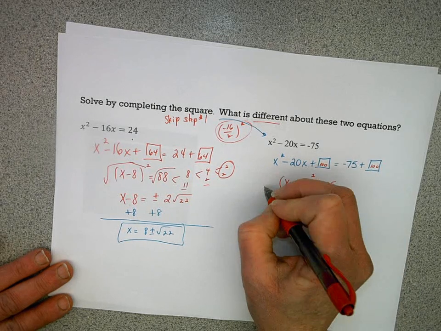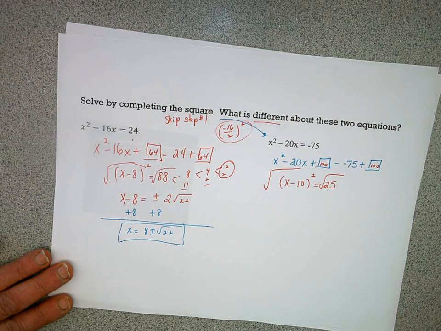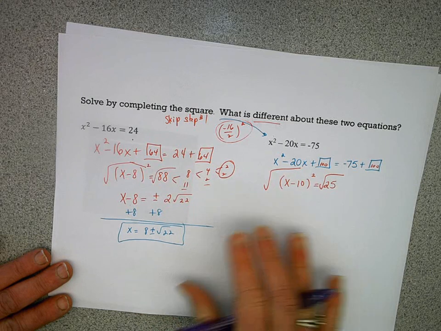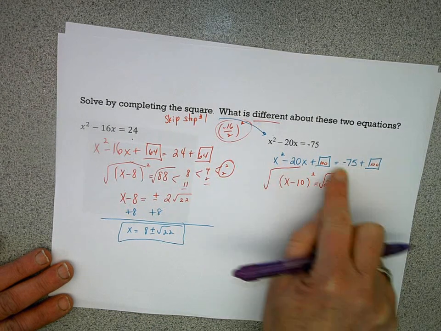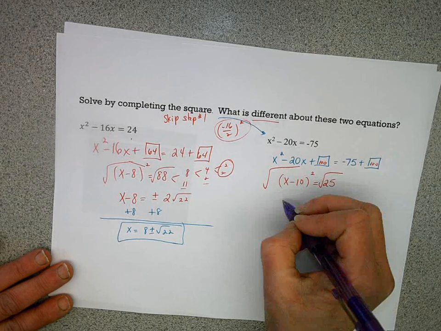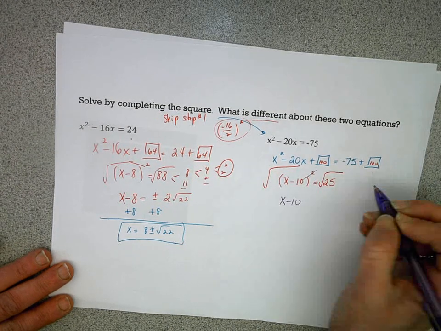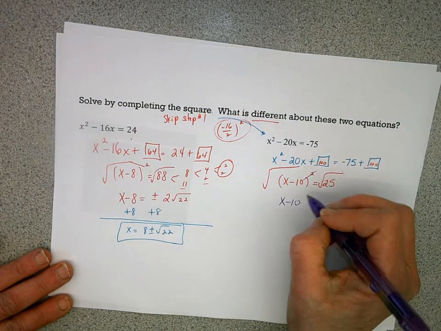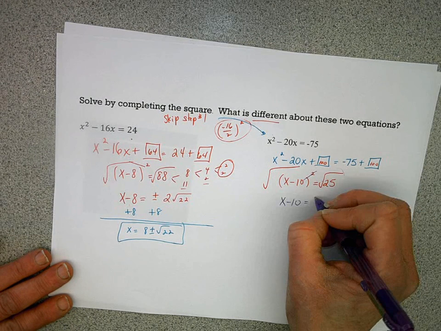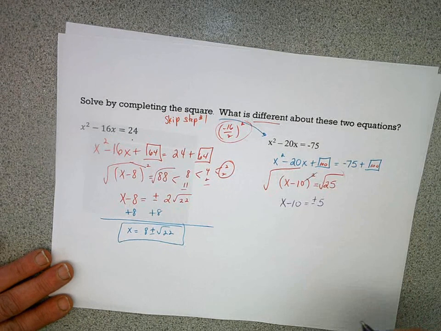Take the square root of both sides. Okay, again, if we were putting it in vertex form, we wouldn't do this. We'd actually move the 25 back over. We're actually solving. Now, this is the first one where we can actually have a perfect square and solve it. Again, what's the square root of 25? Yes, plus or minus. Don't forget the plus or minus. And then you're going to add 10.